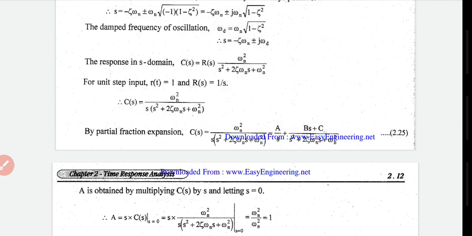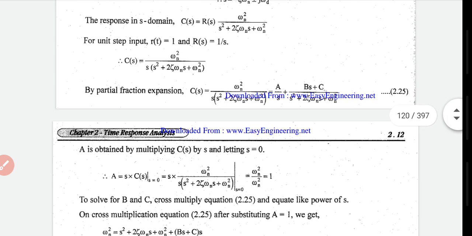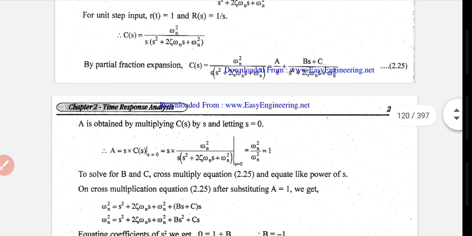That is equal to A by S plus BS plus C by S square plus 2 zeta omega n S plus omega n square. If you have the denominator in the form of a quadratic equation, the residue should be written in the form of BS plus C. We have discussed this in the review of partial fractions. So for now you have to calculate the residue values of A, B and C.